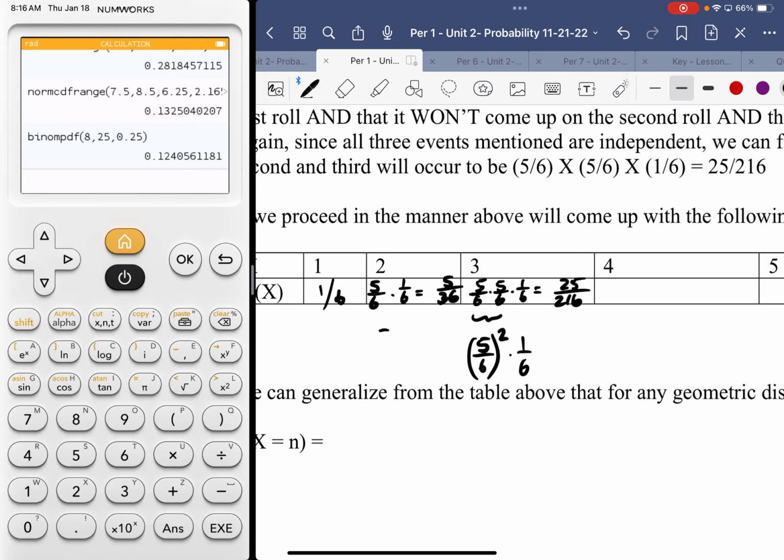This one could be thought of as 5/6 to the first multiplied by 1/6. And this one, working backwards, there was no 5/6 there, so that 5 over 6 must have been raised to the 0th power because there were 0 failures, times 1 over 6. So that brings us the rest of the way, where we would say 5 over 6 to the 3rd power times 1 over 6.